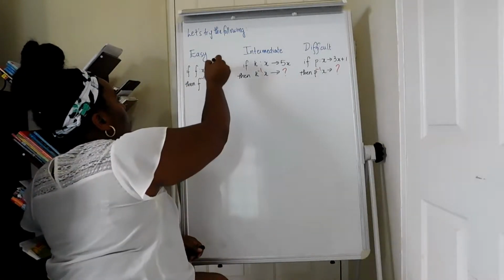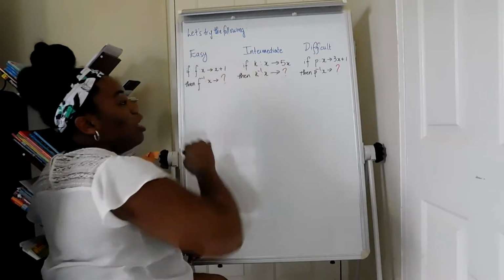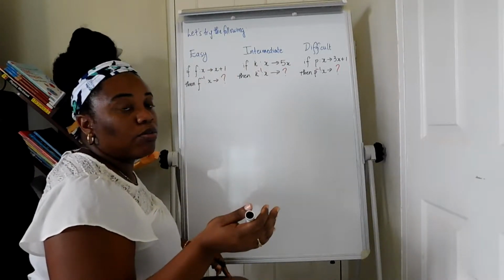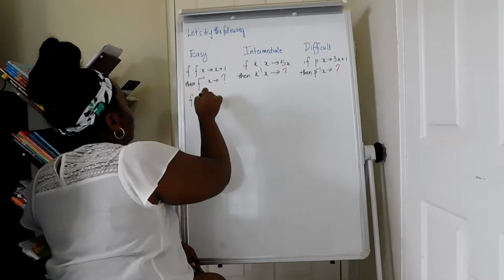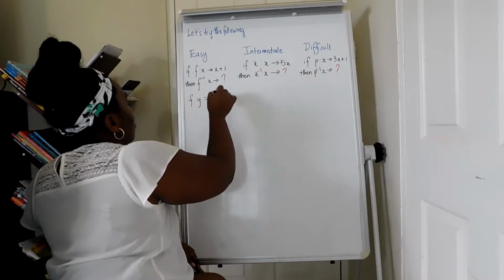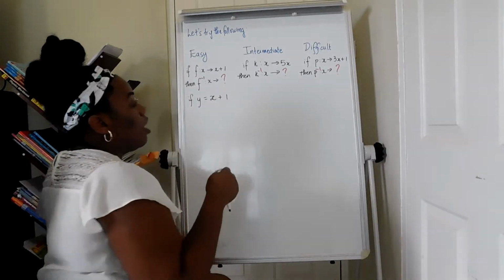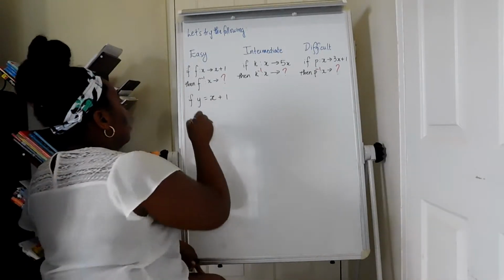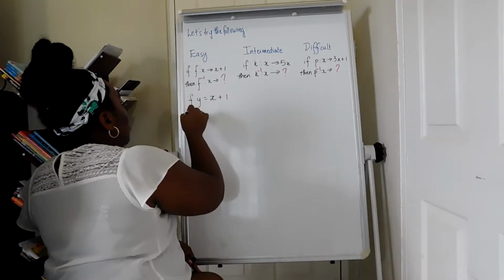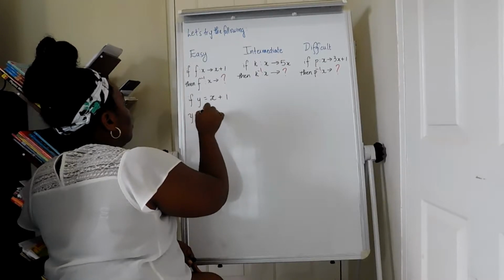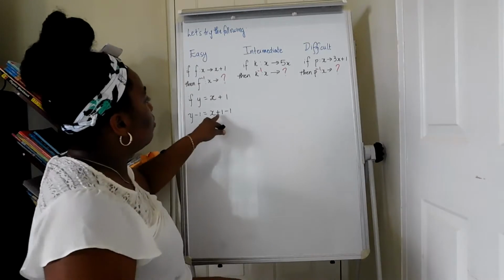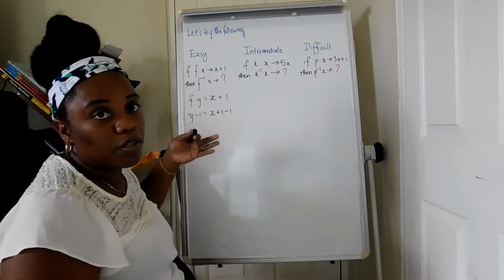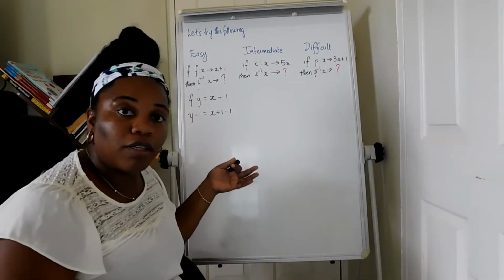Remember, we're going to take this whole operation and equal it to y. So we're going to say, if y is equal to x plus 1, and we want to solve for x, then y minus 1 is equal to x plus 1 minus 1. We want to get rid of x's friend, which is plus 1. So how do you get rid of a positive number?